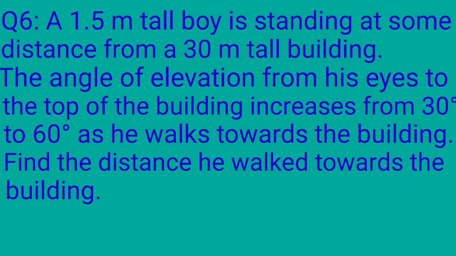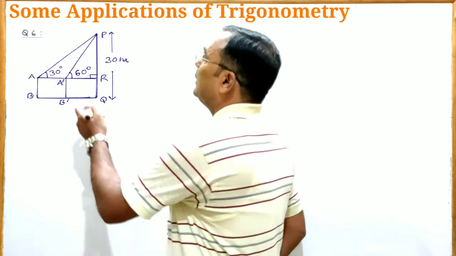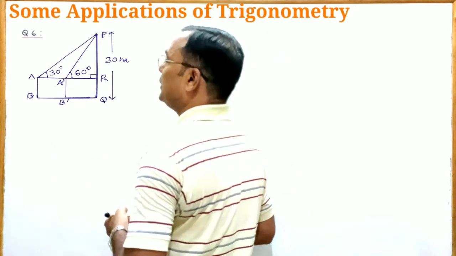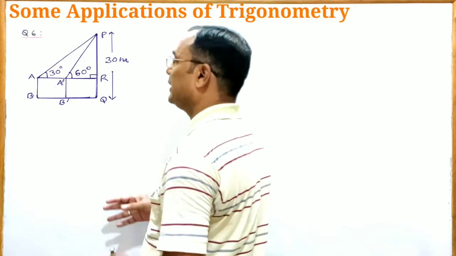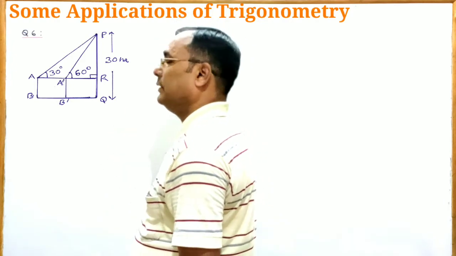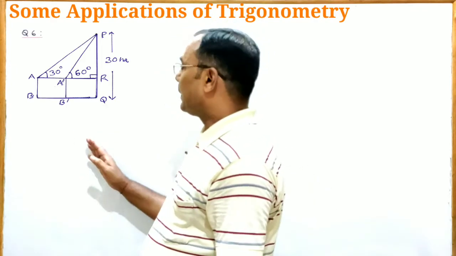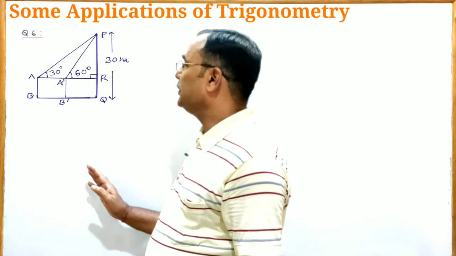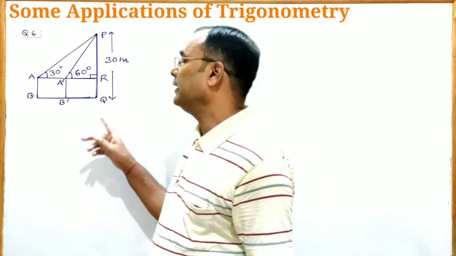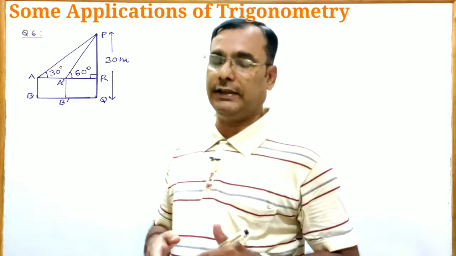Let's draw a figure for this question. In this given figure, AB denotes the height of the boy, which is 1.5 meter tall. PQ is the height of the building, that is 30 meter. AB is the initial position of the boy, and from the eye point A, the angle of elevation of the top of the building is 30 degree.